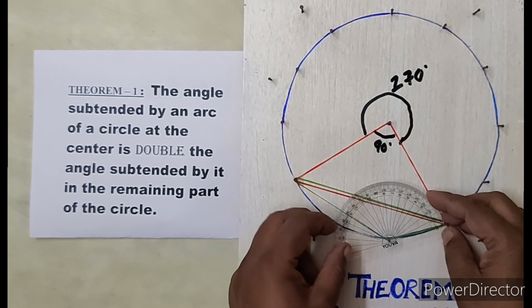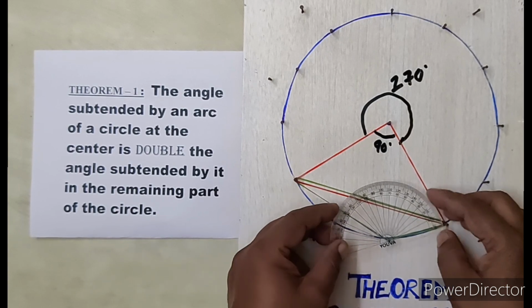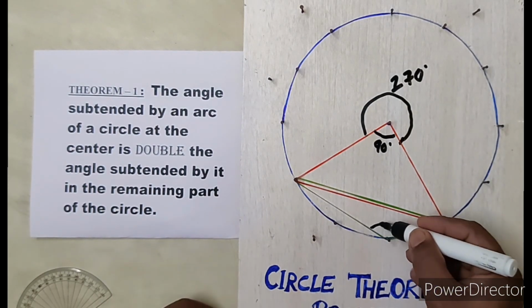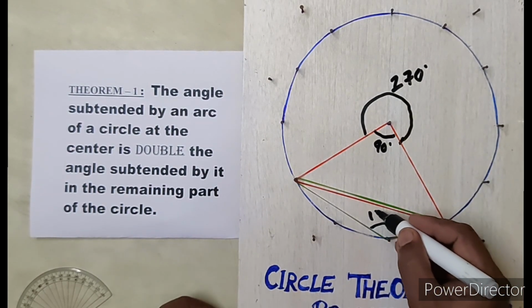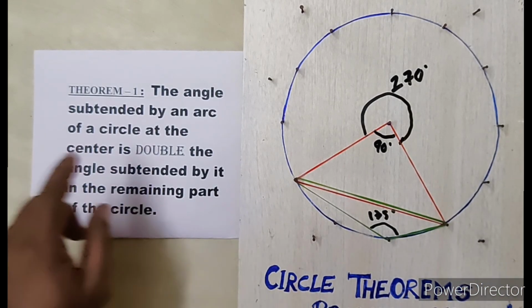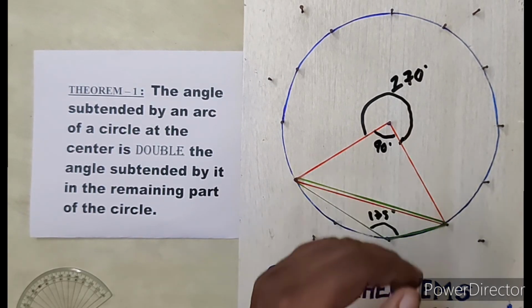Placing it, you can see it is going 130, 140, 135. So 135 double is 270. So this angle is coming as 135 degrees.